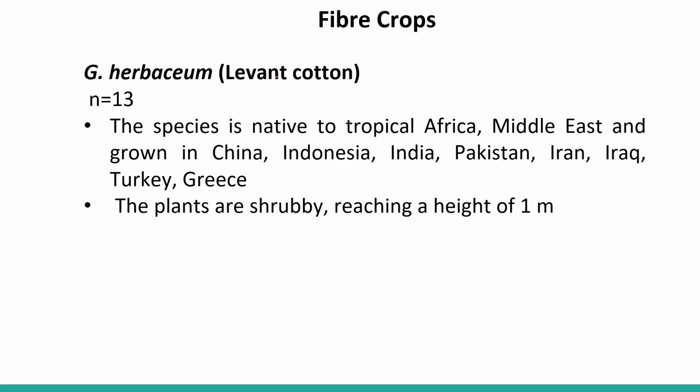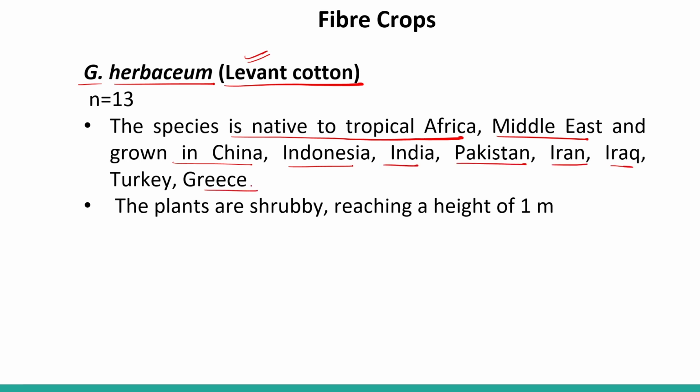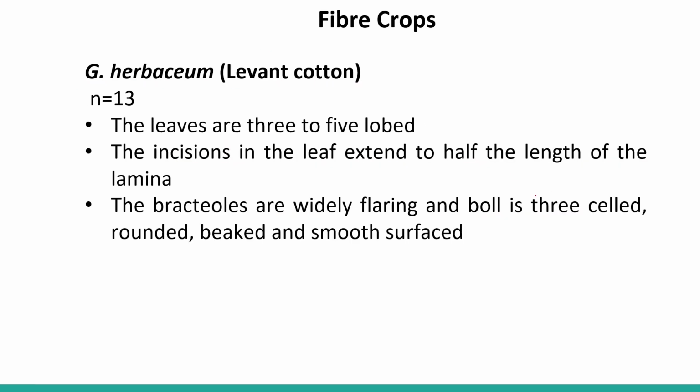Gossypium herbaceum is the Levant cotton. The species is native to tropical Africa and the Middle East, and grown in China, Indonesia, India, Pakistan, Iran, Iraq, Turkey and Greece. The plants are quite shrubby, reaching a height of 1 meter, whereas the earlier one was up to 3 meters.